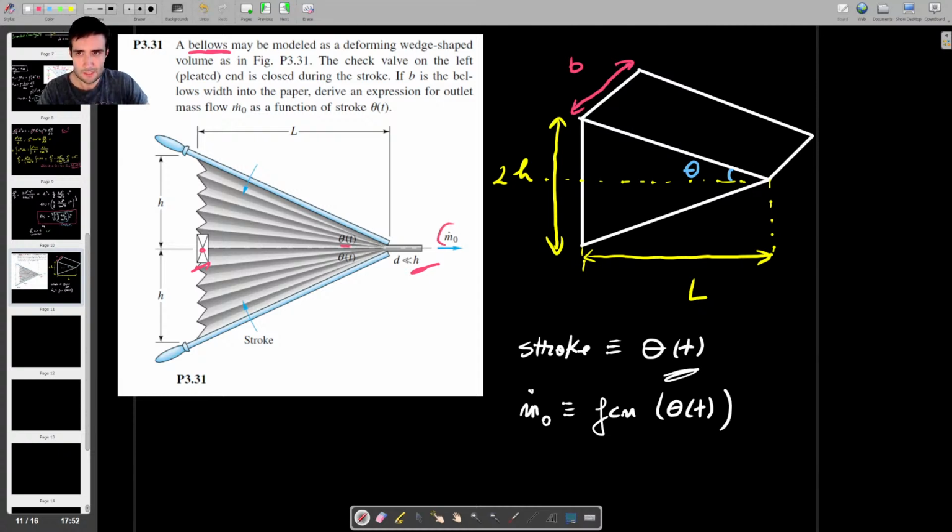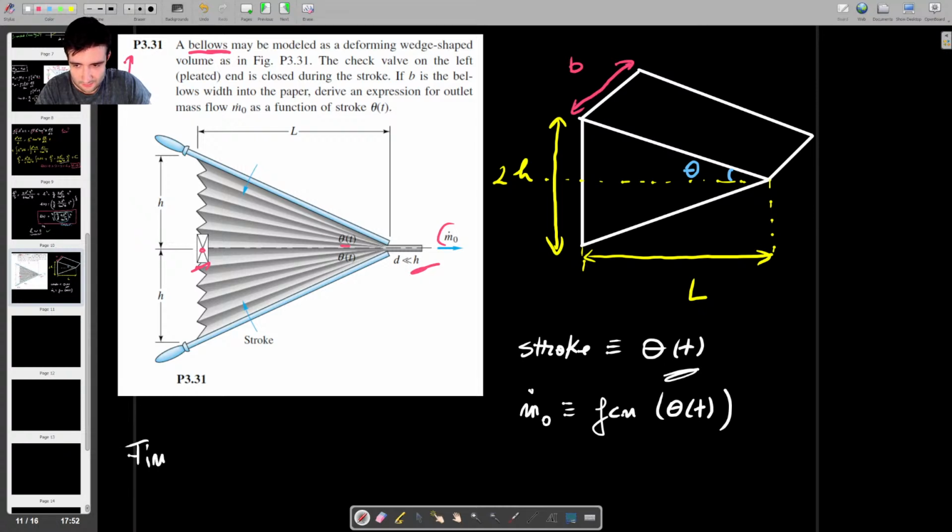Okay, and this one doesn't have a star, which means the math shouldn't be as complicated. So let's see what we can do about it. To be fair, what I would do is I would probably try to find an expression for the mass of air. So here's my strategy.